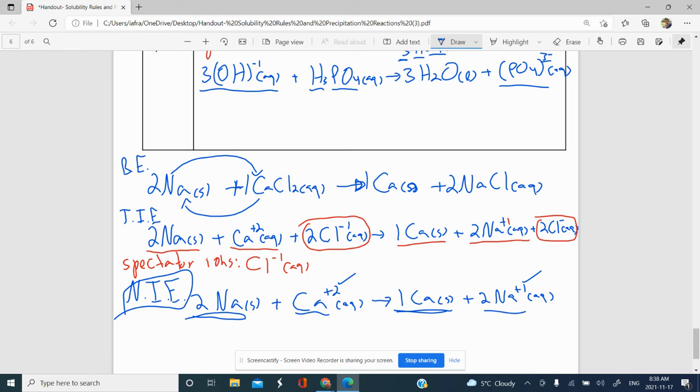So the sodium is reacting in some way with the calcium plus 2 to make some calcium and some plus 1. And as you can probably guess, chances are there's some kind of transferring of electrons happening in some way, shape, or form from somewhere along the line.